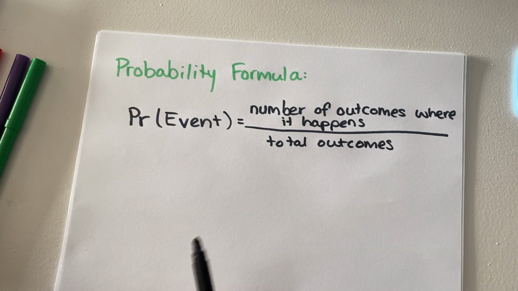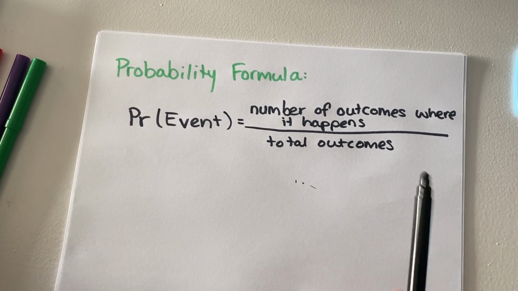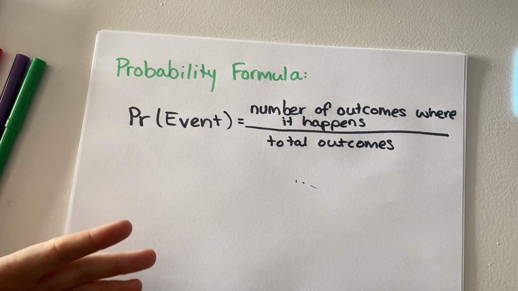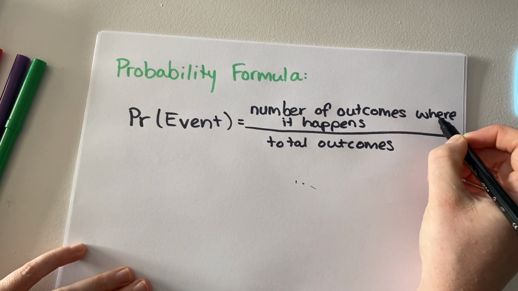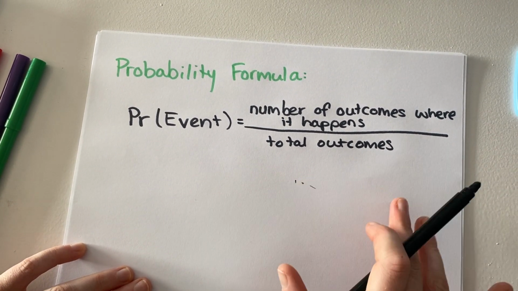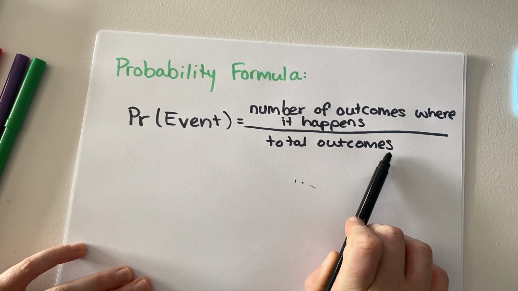So when we did our probability of rolling a 6, on a dice there's only 1 six. That's why we put a 1 up the top. But overall, there were 6 different numbers we could roll, hence the total outcomes was 6.